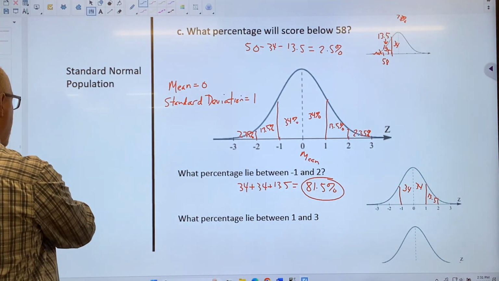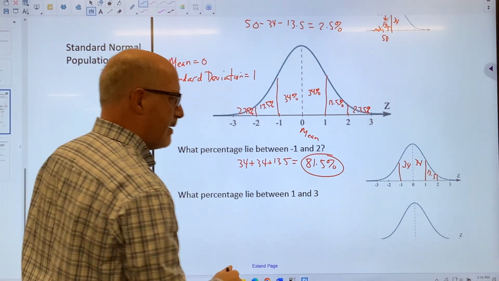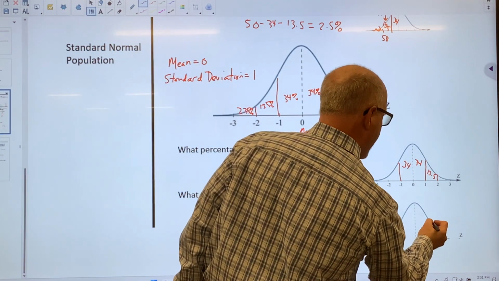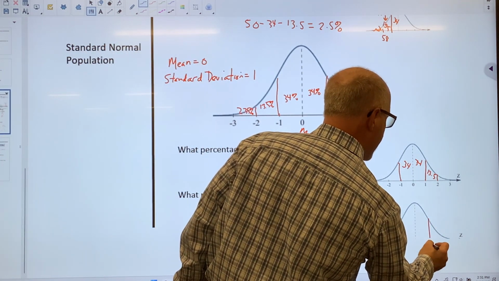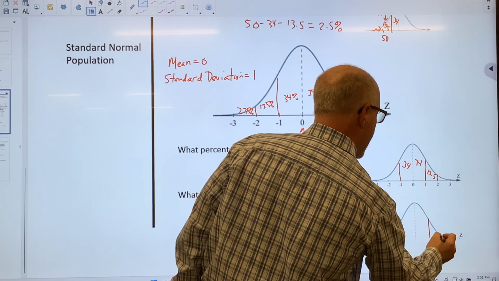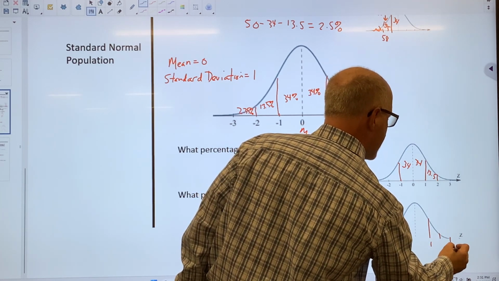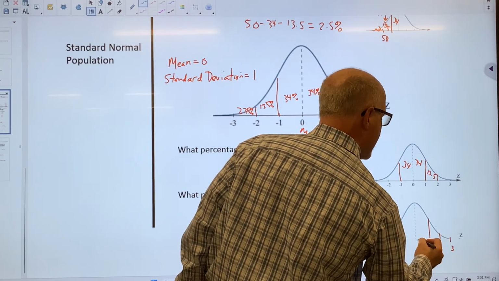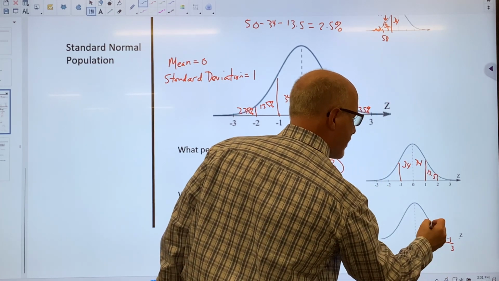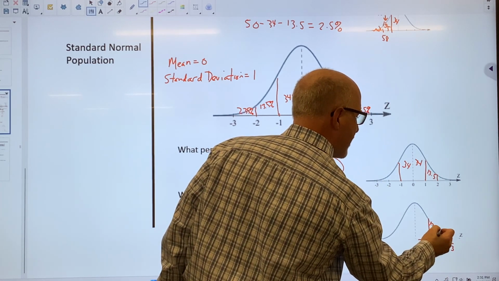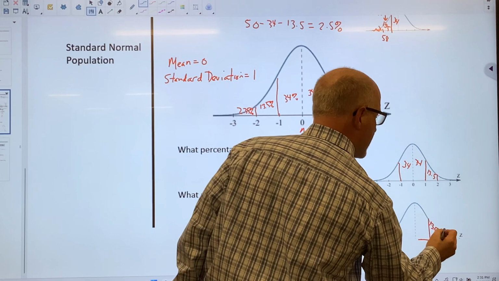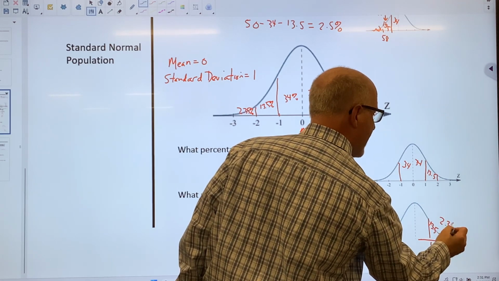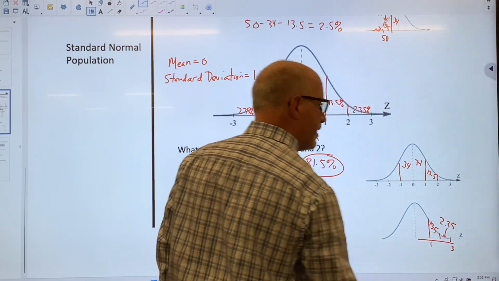Let's do between 1 and 3. So here we would have a 1, and then up here we would have, here's 2, and then here's 3. So for these values here, we have 13.5 here, and this last one is 2.35 down in this region.